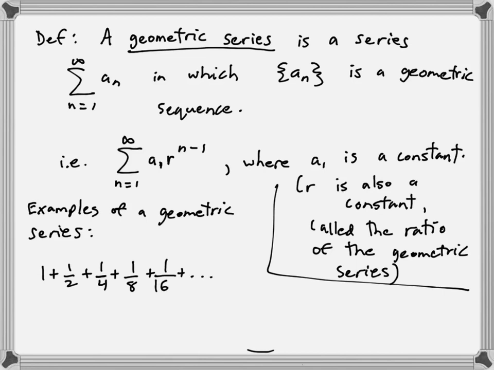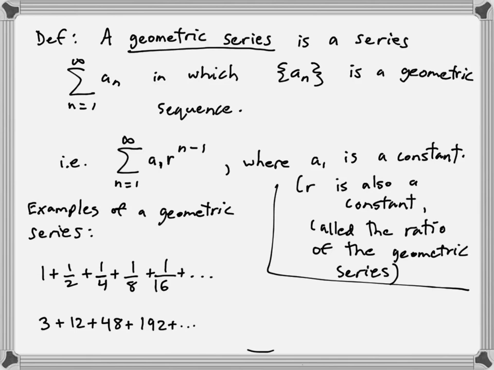This is an example of a geometric series. Notice it's different from a sequence: in a geometric sequence from the last section we weren't adding them together, we just had commas, but now we're adding them all together. Or there's another one, 3 plus 12 plus 48 plus 192 plus, and these are both geometric series.